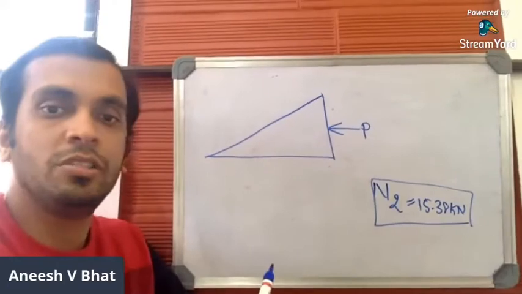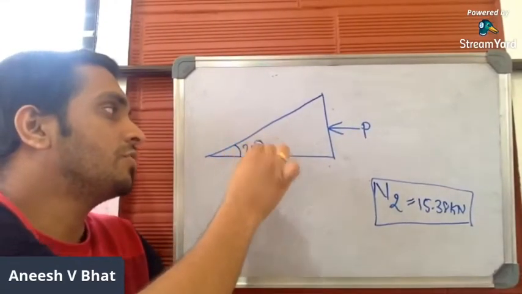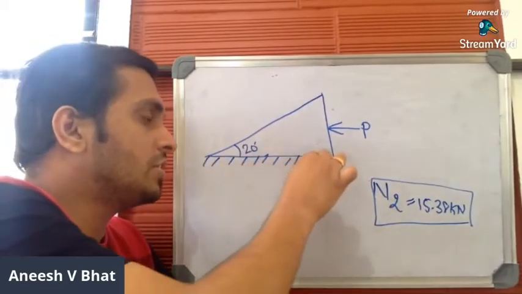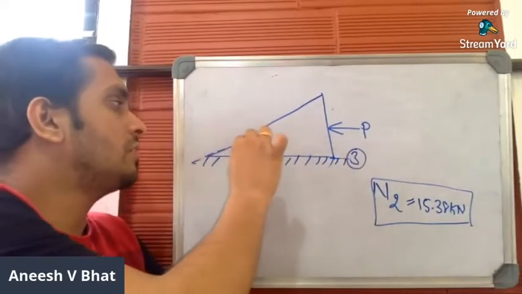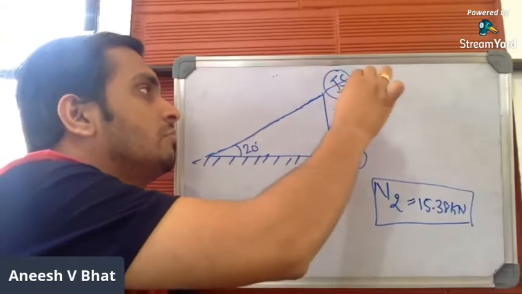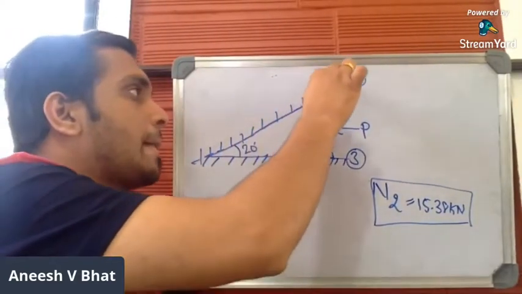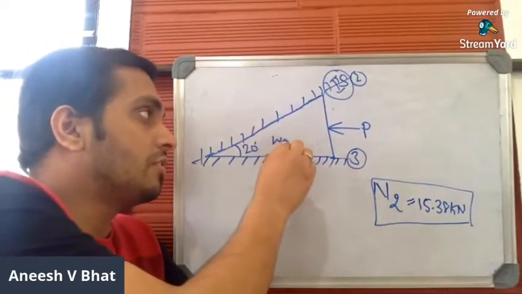The inclination of the wedge is given as 20 degrees. The wedge is in contact with surface number 3, which is the horizontal surface, and with the imaginary surface number 2. Now this is the wedge given.